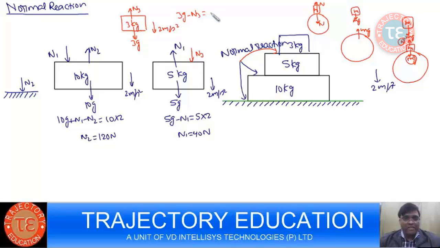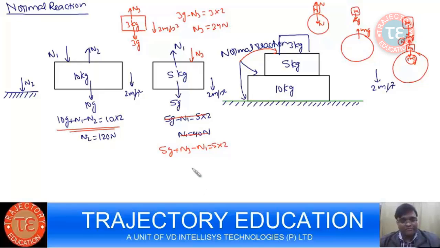So you have one equation here, 3g minus N3 is 3 into 2, and now this equation will get modified. I'll modify this equation. This equation will come as 5 into 2, and here the equation will remain the same.